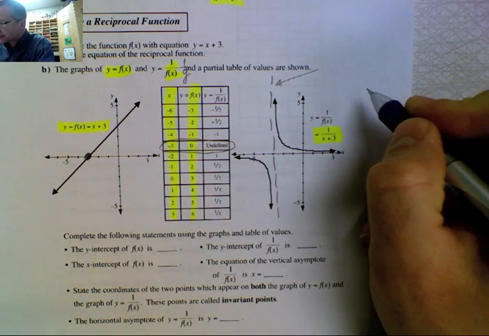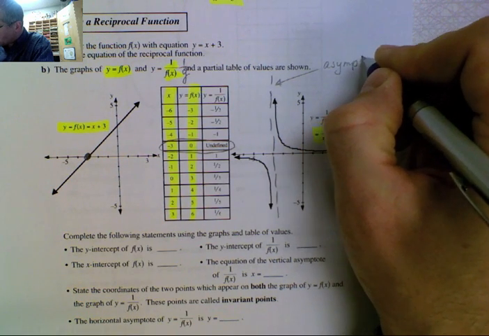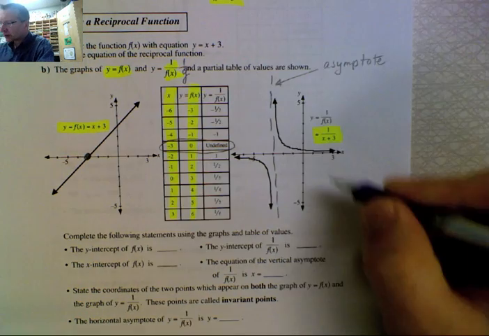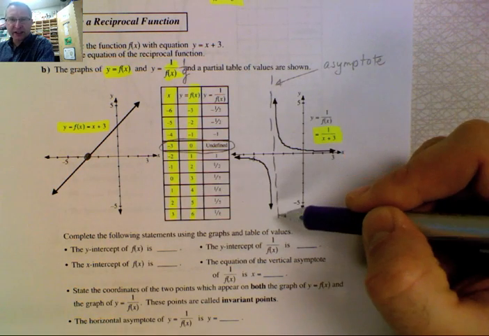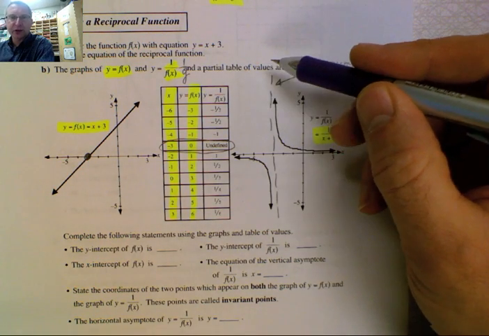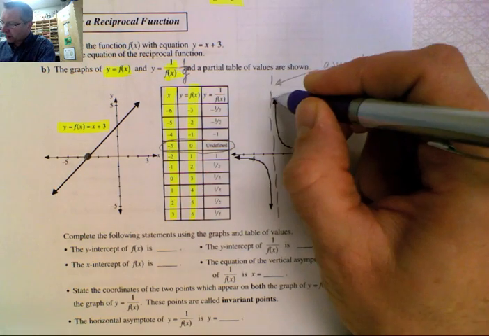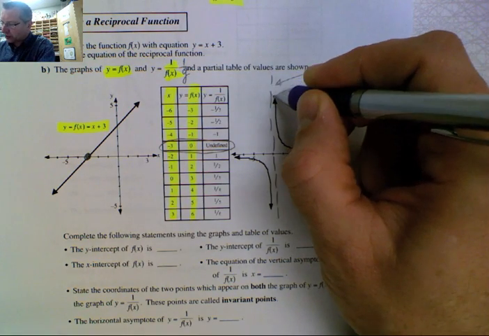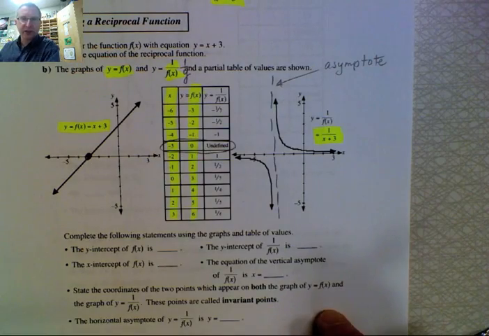The name of this undefined line is the asymptote. Lots of times the asymptote may not be drawn in, but it's an undefined line. I like to draw it in because when we sketch our graph, you're going to notice that it gets really, really close to the asymptote, but does not cross it and does not touch it.